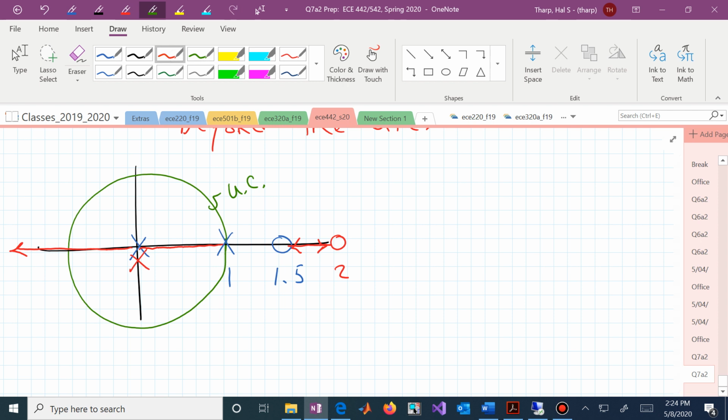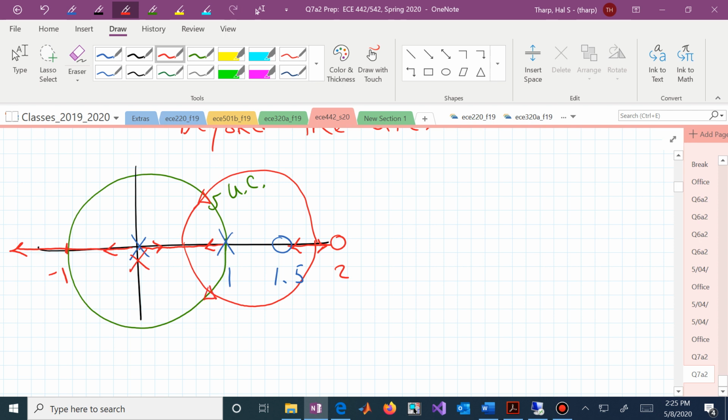In this case, if we keep K small, these two are going to go towards each other between 0 and 1. This one at the origin, one of those goes left, one goes right. As long as we keep the gain smaller than either the gain to get us to -1 or the gain that will place us outside the unit circle here.